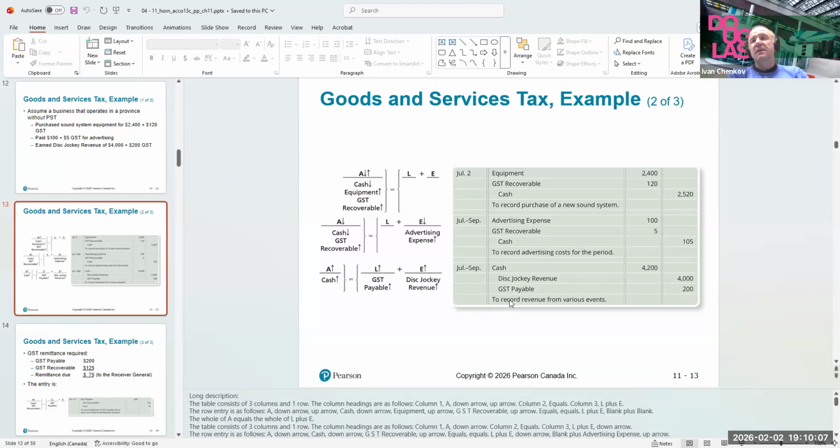At this point, they need the government to recover $125 to them. Unfortunately, or maybe fortunately for them, they make the sales, and the sales naturally have to be above the cost if they want to make a profit. So since the sales are more than the cost, and we're charging the GST on the sales, our GST payable is always going to be more than the GST recoverable.